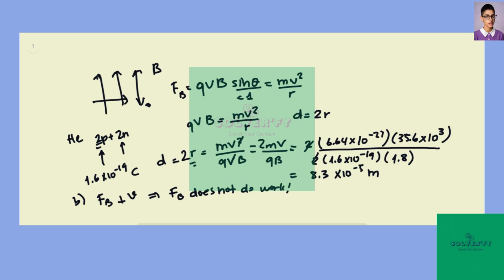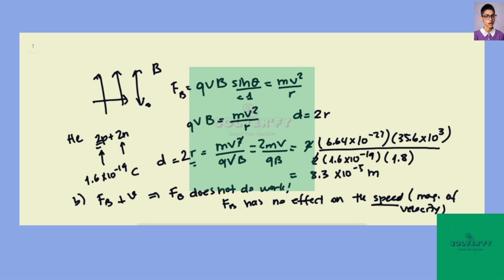If that's the case, then F_B has no effect on the speed, which is basically the magnitude of velocity. It has no effect on the speed.